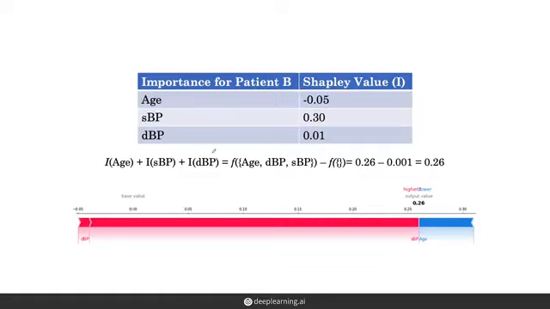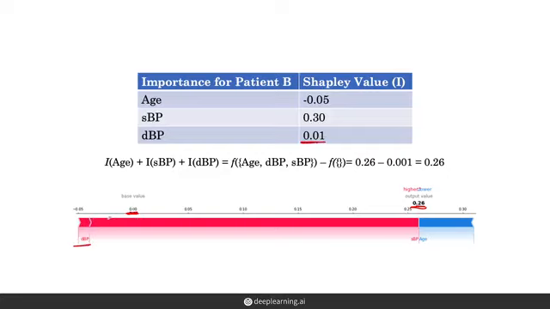On a force plot, we have the output value of 0.26 and the base value of 0.00, and this distance is going to be covered by the sum of these 3 Shapley values. So we can see that the contribution of DBP is 0.01, which is represented by the length of this segment over here.